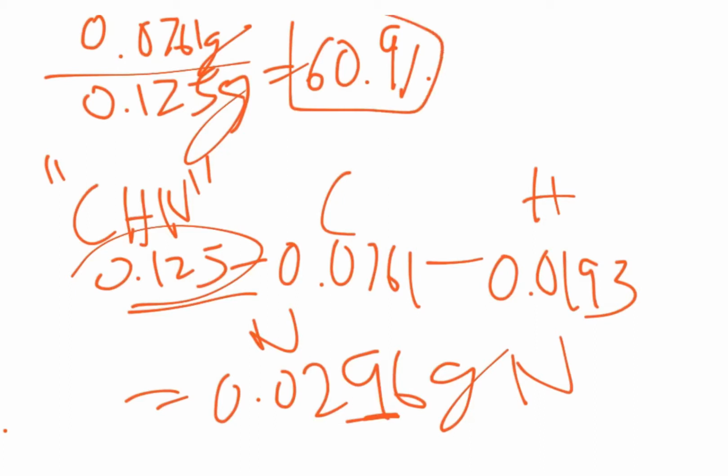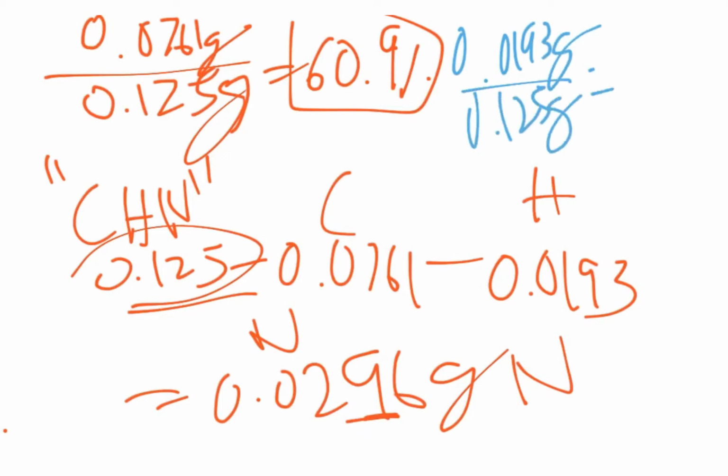And what about our hydrogen? 0.0193 grams divided by 0.125 grams, we get 15.4% for hydrogen, and this is carbon. Now let's do it for nitrogen. I could write it right under.